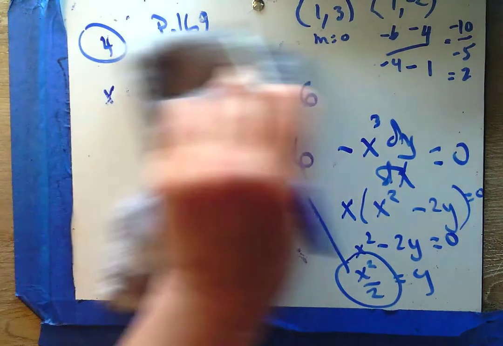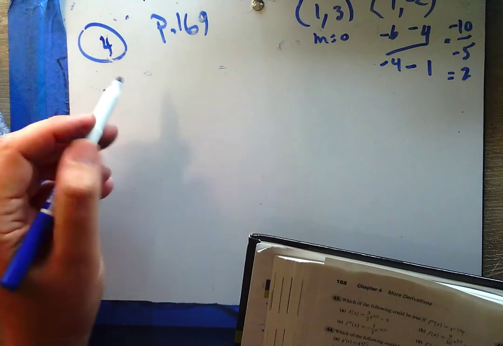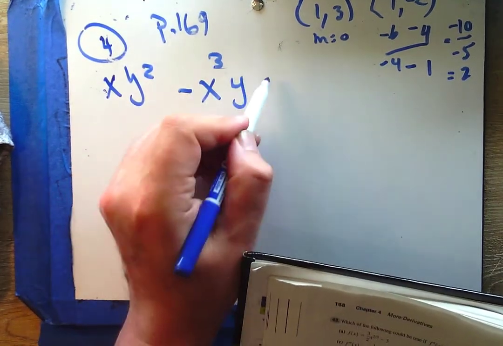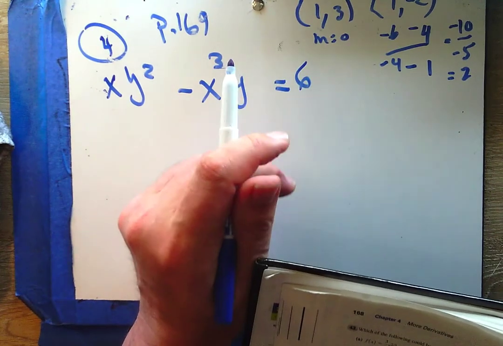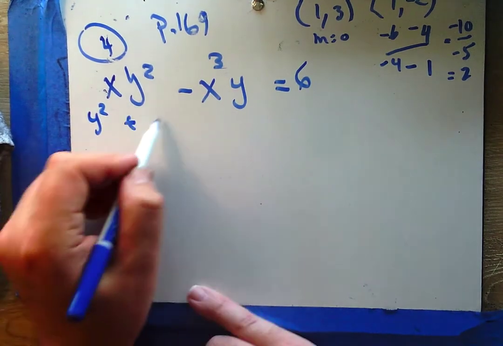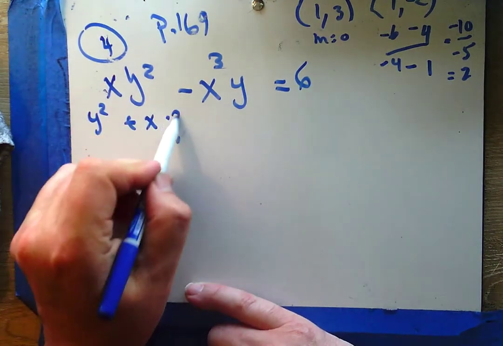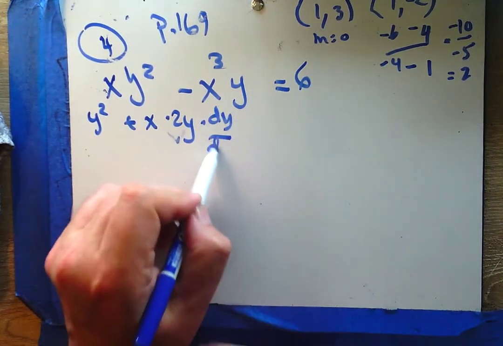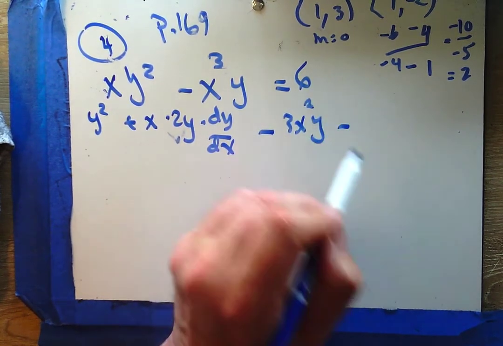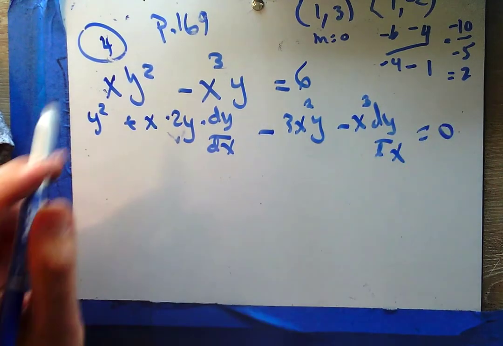Okay, second try. x squared y squared minus x to the third y plus 6 equals... the tangent line vertical. Okay, so y squared plus x times 2y times dy/dx minus 3x squared y minus x to the third dy/dx equals 0.